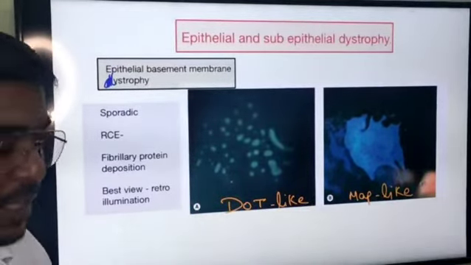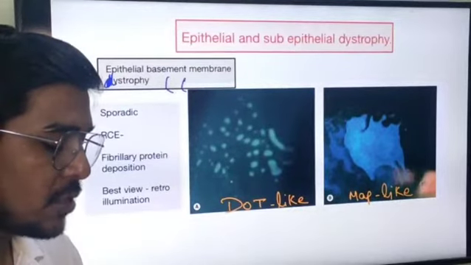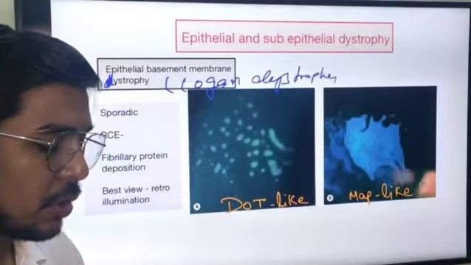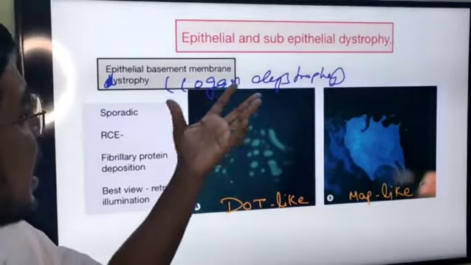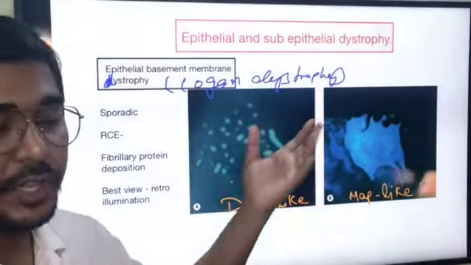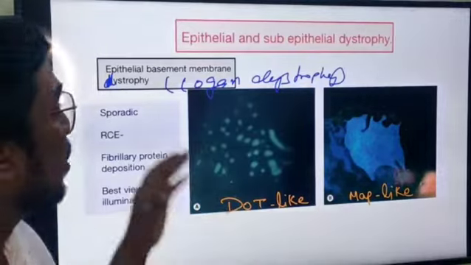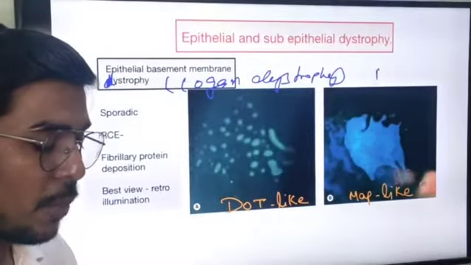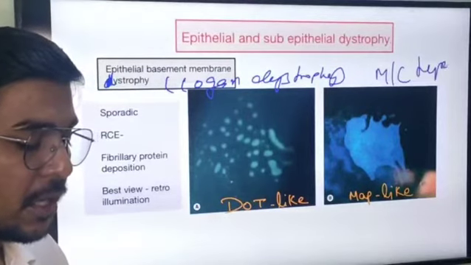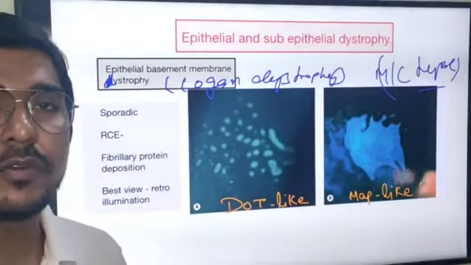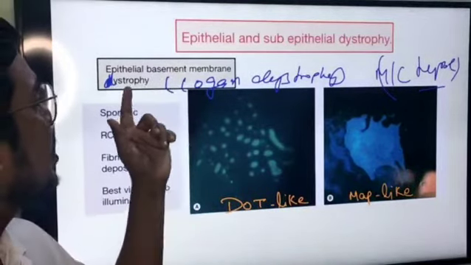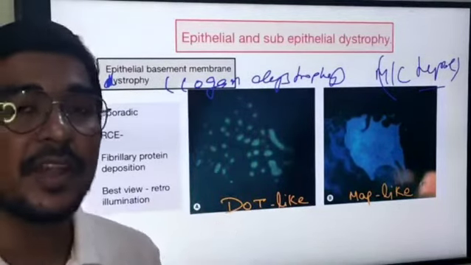This epithelial basement membrane dystrophy is also known as Cogan's corneal dystrophy. What are the important points to remember? It is the most common type of all dystrophies. The most common type is EBMD, epithelial basement membrane dystrophy. What is the other name of this dystrophy?